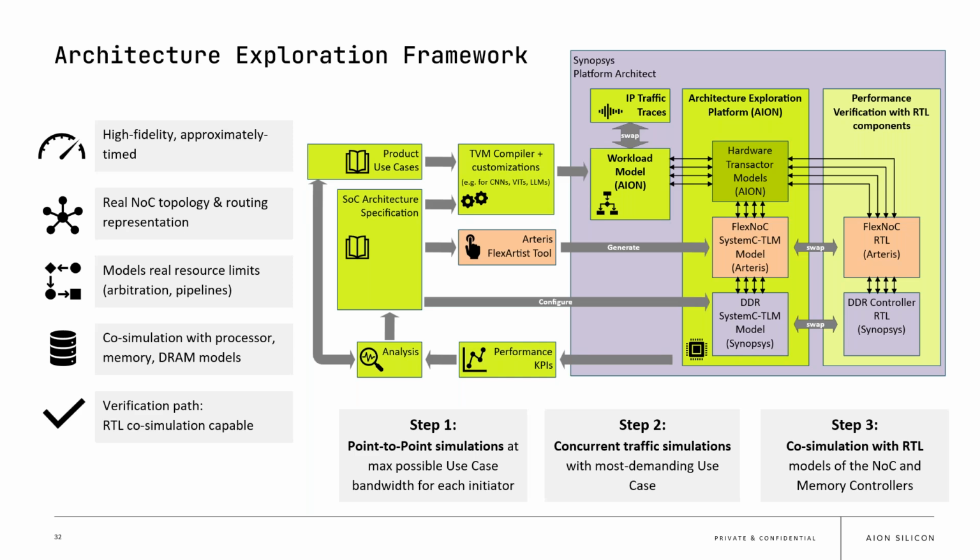And it's a three-step approach. First, you want to do point-to-point simulations at the maximum possible use case bandwidth for each initiator. This ensures you've sized all your interconnect resources correctly. Then you move to step two, whereby you run concurrent traffic simulations of the most demanding use case, the worst case use case envelope.